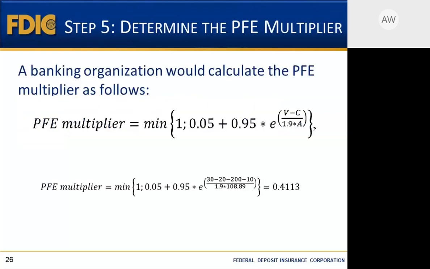If you're still with me, we are getting close to finishing our PFE calculations. Now we can determine the PFE multiplier by using data from slide 25. And we, again, plug into the formula the value and collateral and the aggregated amount that we calculated before and get our PFE multiplier.